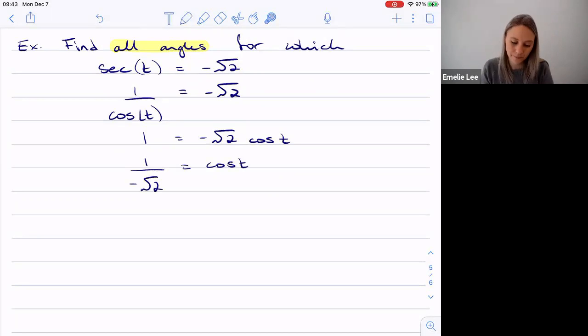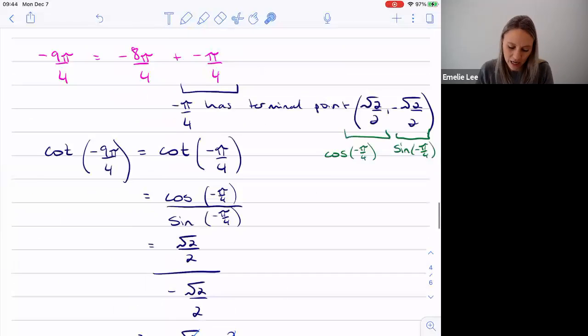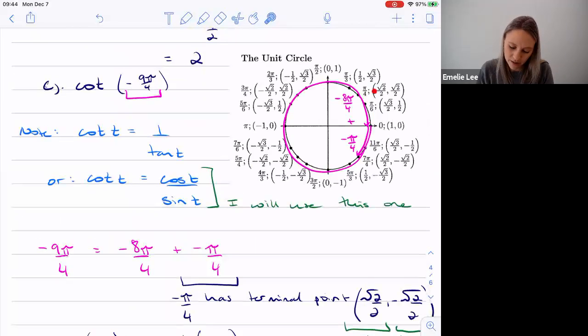This looks sort of familiar, especially if you're thinking about those special triangles, where you have a side with a 1 and a root 2. I'm going to manipulate this a little bit because on my unit circle, I don't have a 1 over root 2 here, but I do have root 2 over 2, which I can manipulate to become 1 over root 2 or vice versa.